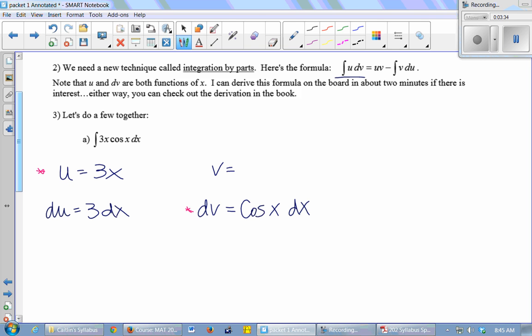This is like dv/dx is cosine x, so dv is cosine x dx. All right, so what is my antiderivative, or my integral, of cosine x dx? Sine x. Good. So I've chosen a u, I've chosen a dv, and that allowed me to calculate du and v. And now I'm going to try to apply my formula.